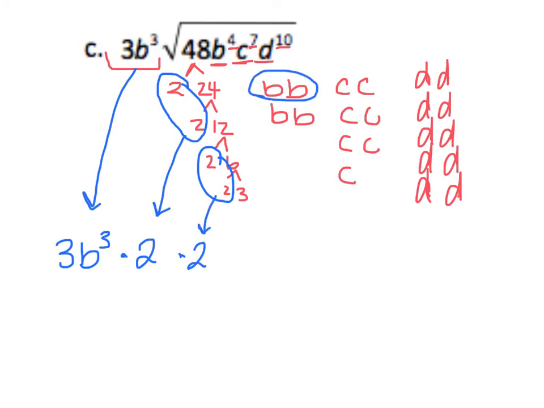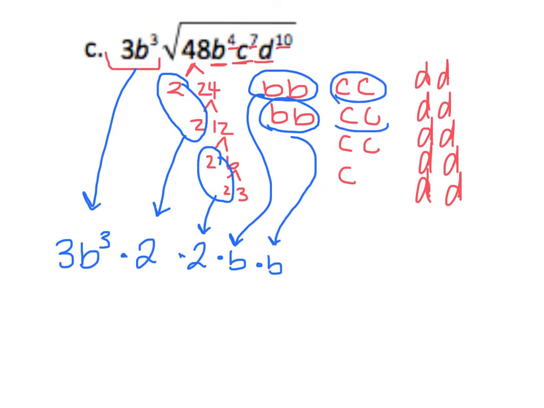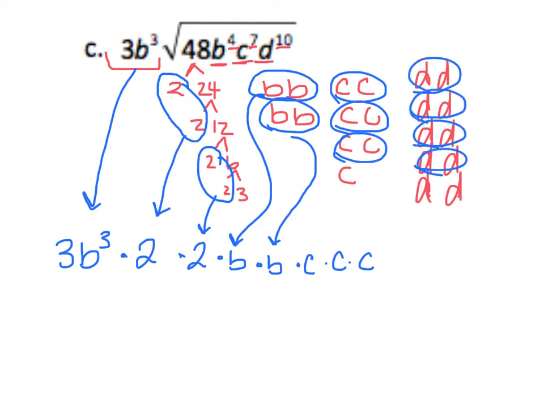Here's one pair of b's. Here's another pair of b's. Here's a pair of c's, here's a pair of c's, here's a pair of c's. So I have 3 c's. And 5 d's.